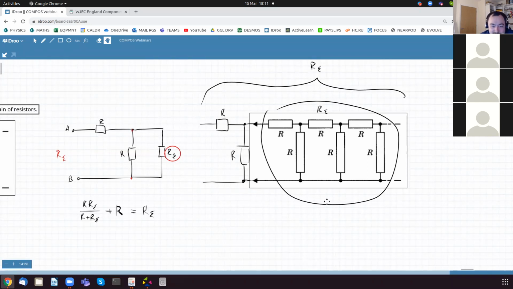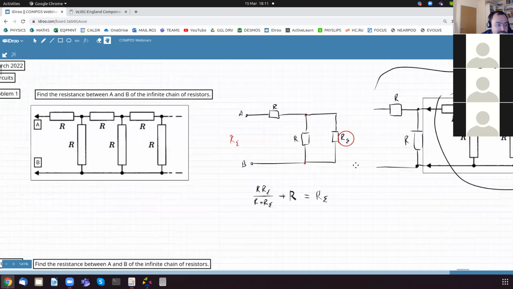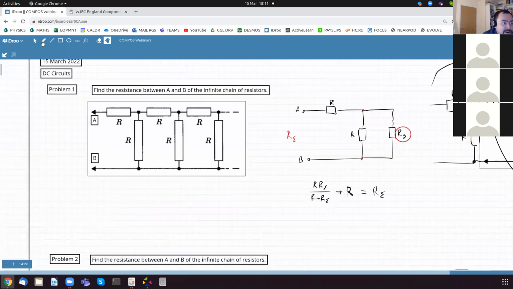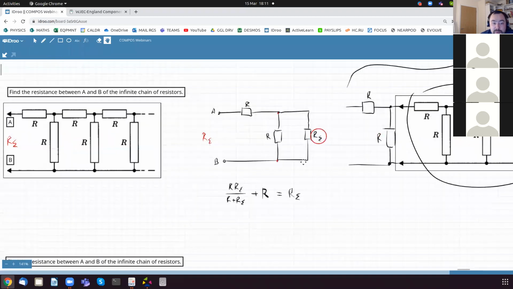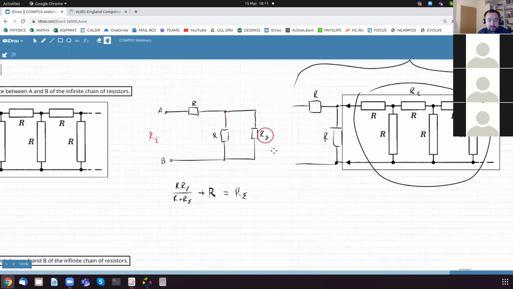The original infinite chain has resistance R sigma. So what I'm doing is replacing it with just a single resistor with resistance R sigma, and I'm connecting it to another chain link, this one. Because it's an infinite chain, the resistance won't change, because infinity plus 1 is still infinity.